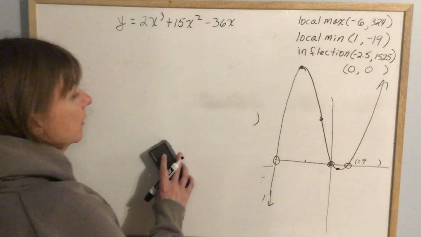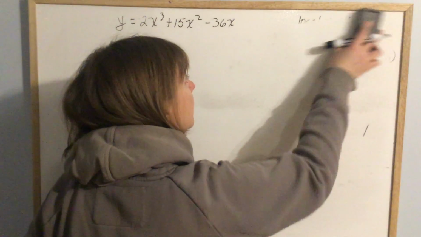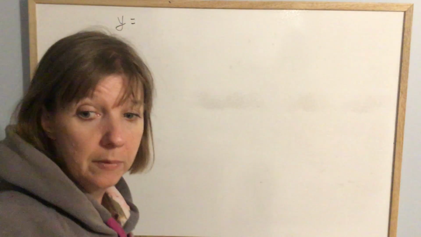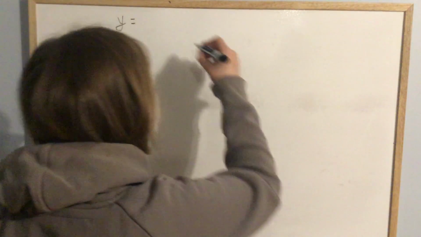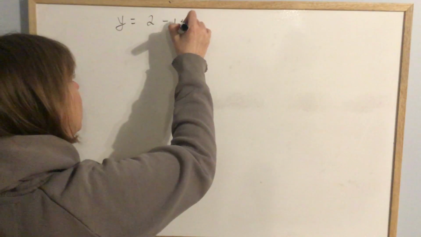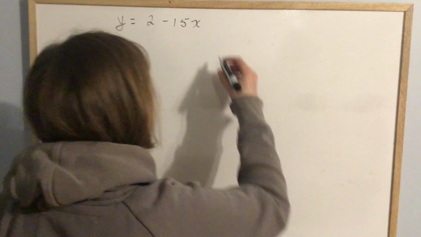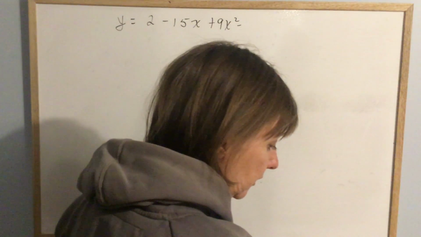3f. Says 2 minus 15x, oh, I hate it when they put it in this order, plus 9x squared minus x cubed.